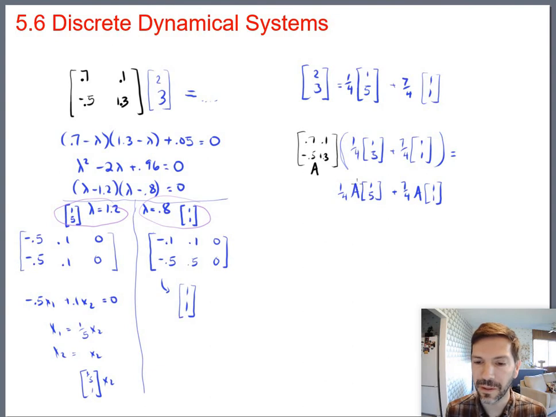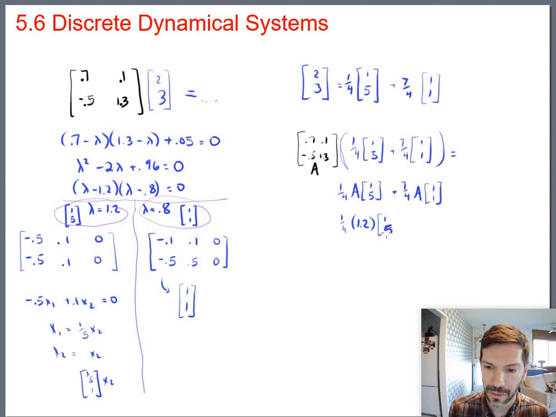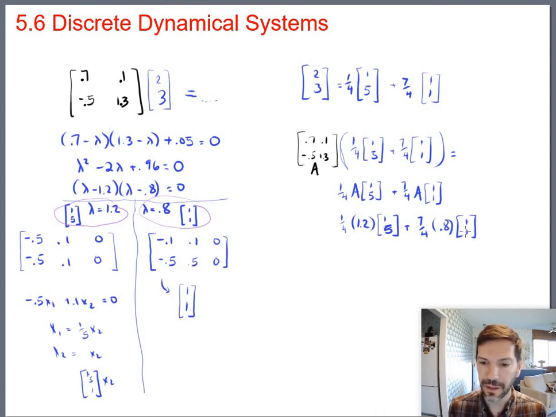And we do know that multiplying A, the matrix, by 1/5 is the same thing as multiplying by 1.2, and multiplying A by the other eigenvector is the same thing as multiplying by 0.8. If you want to crunch those numbers out, you will find that we got the same result as we did before.